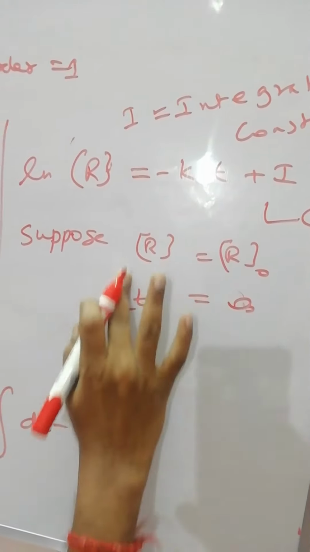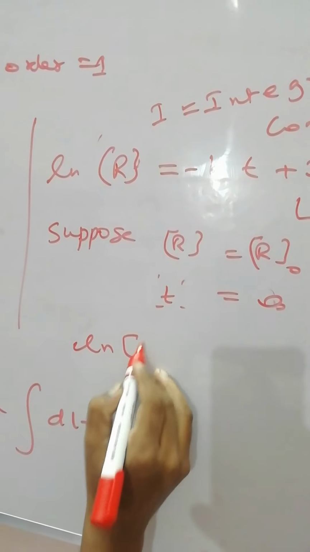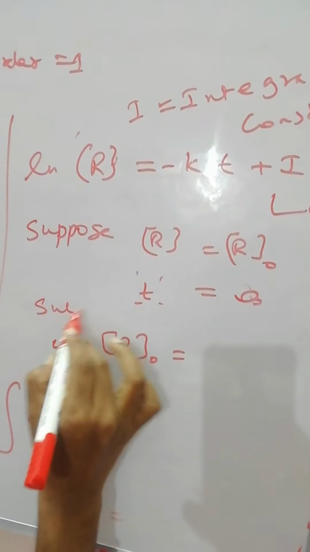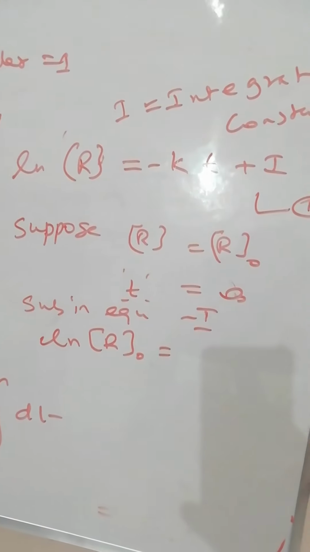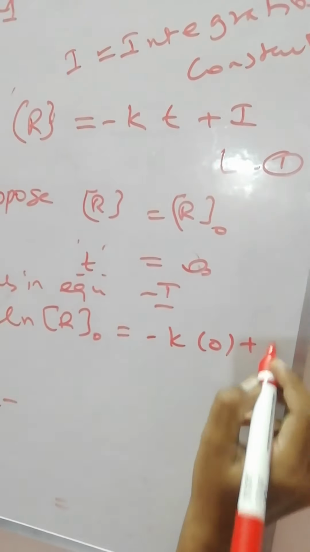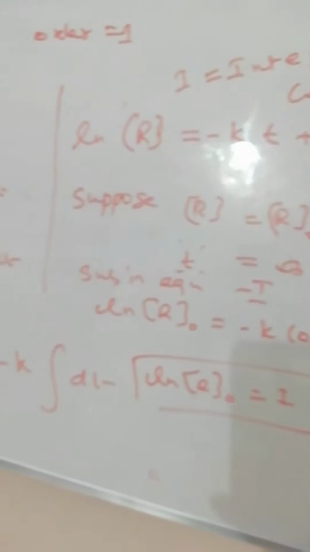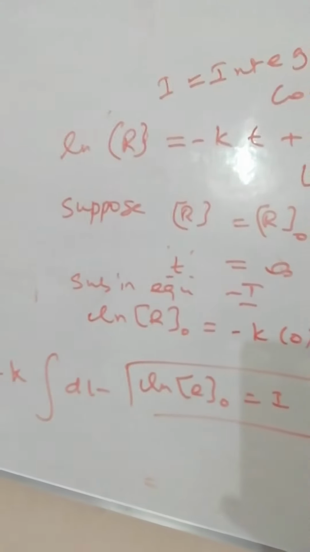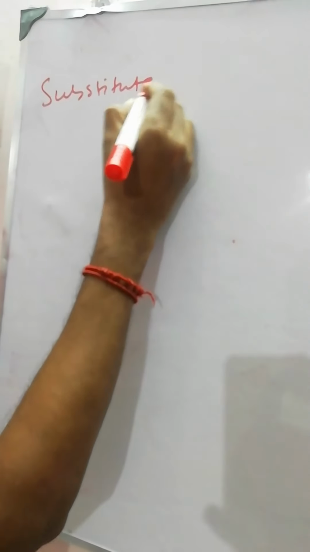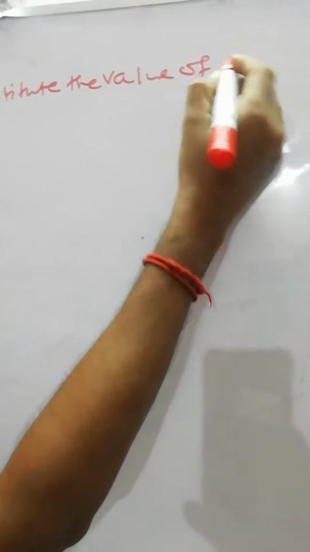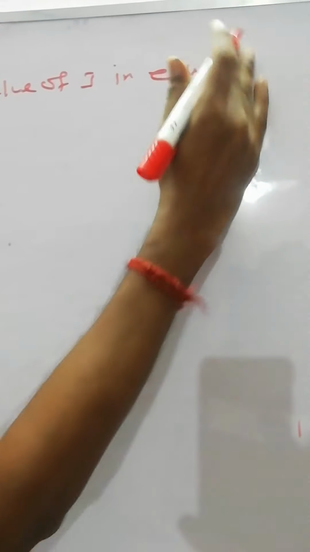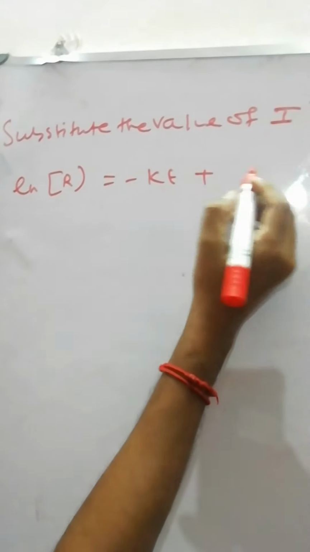Substituting the values, what do we get? Substituting in equation 1, ln R0 is equal to minus k into 0 plus I. So ln R0 is equal to I. Substitute the value of I in equation 1. ln R equals minus kt plus ln R0.